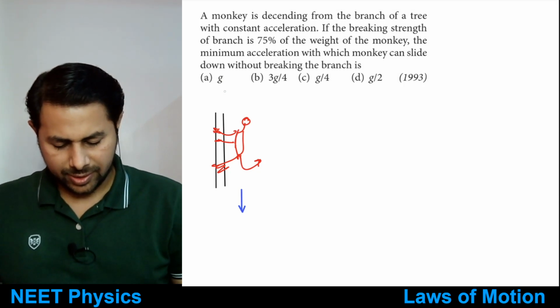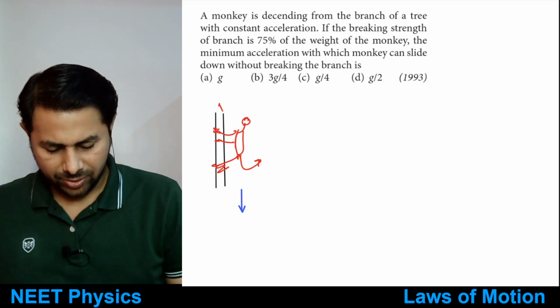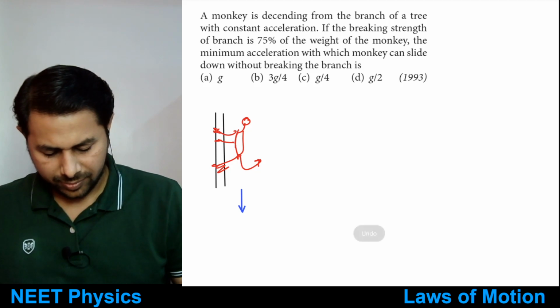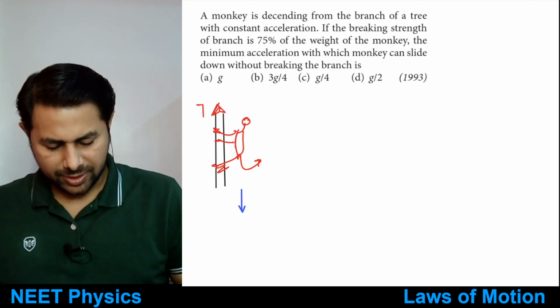So there would be some tension in this branch, right, because it has to support his weight. So the tension in the branch is, suppose, in the upwards direction.